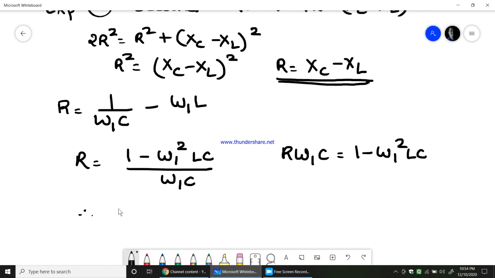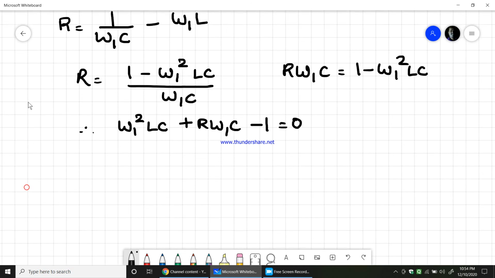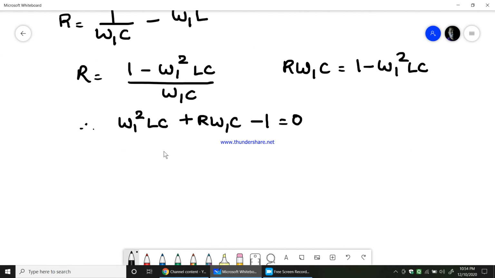Therefore omega 1 square LC plus R omega 1 C minus 1 equals 0. This is what we get. Writing it properly: omega 1 square LC plus RC omega 1 minus 1 equals 0. So this is of the form a x square plus b x plus c equals 0.